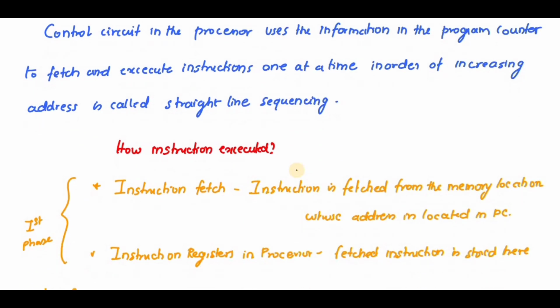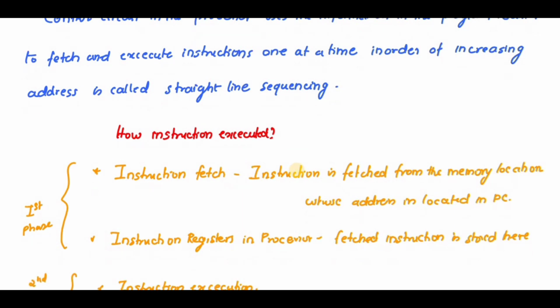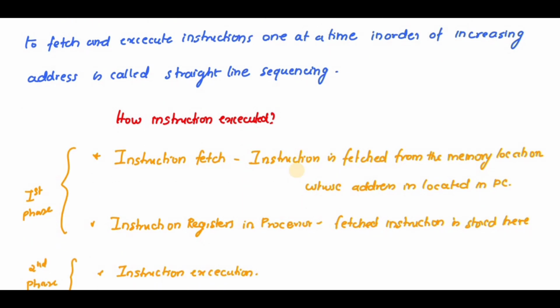So basically, how is an instruction executed? First we have to fetch the instruction. We know that the instruction is present in the memory. So the instruction is fetched from the memory location whose address is in the program counter, right?